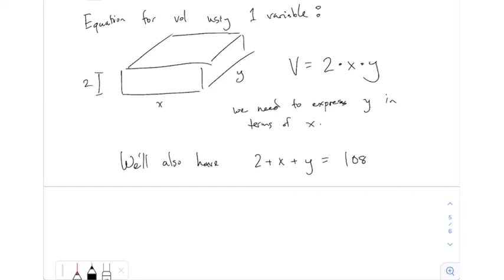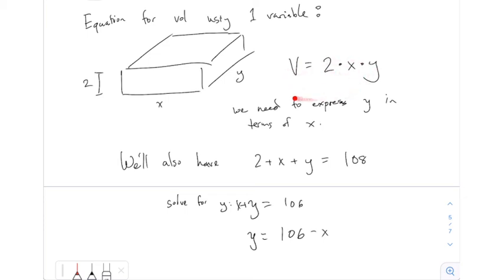Using that, we can indeed express y in terms of x. That's the purpose of this. So I'm going to solve that for y. Subtract 2 first, so x plus y equals 106, and then solving for y, y equals 106 minus x. Plugging that back in gives me an equation for the volume using only one variable, x.